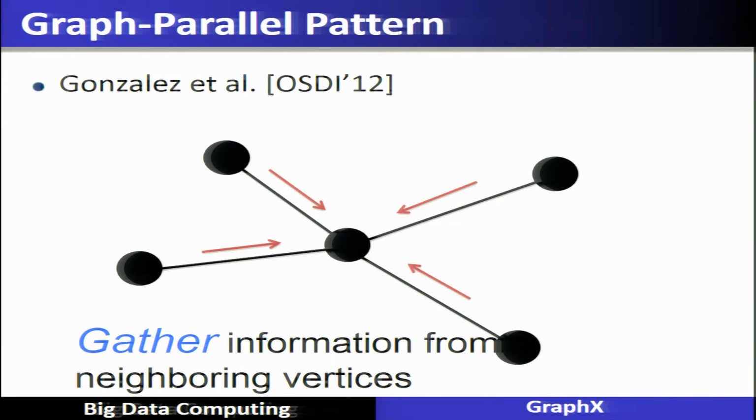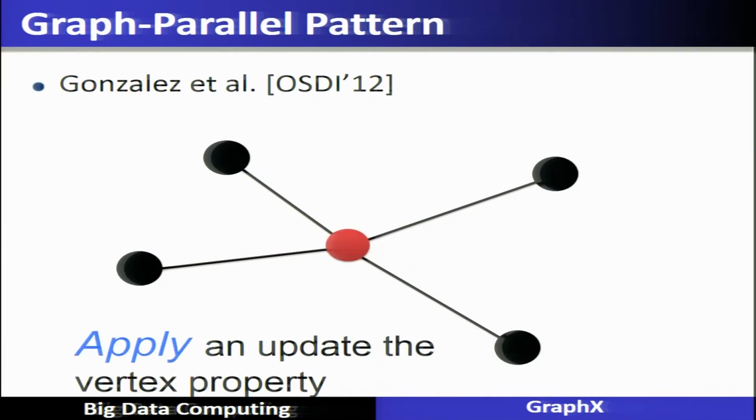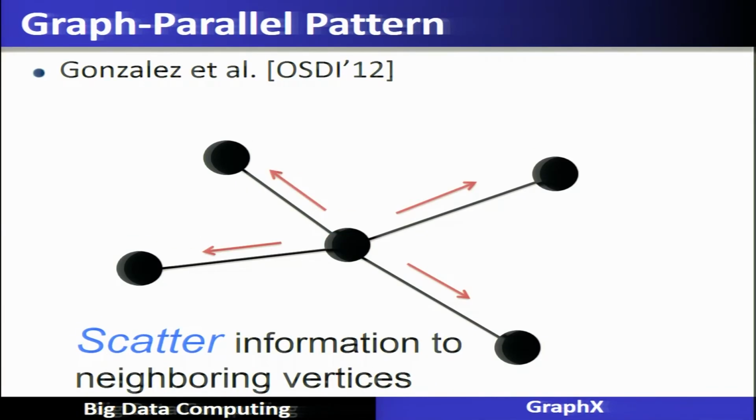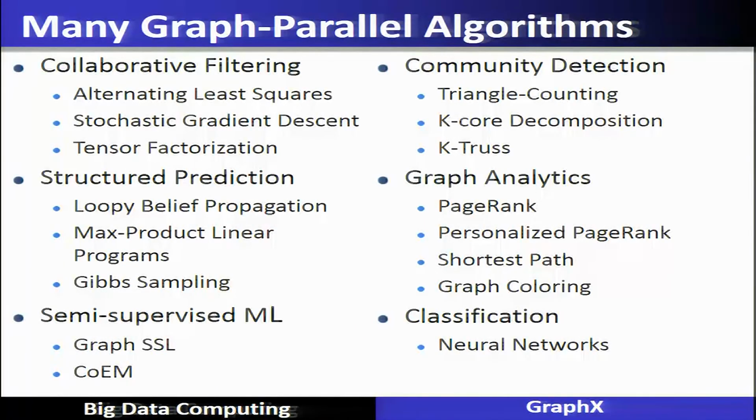So the graph parallel pattern is supported by the gather, apply, and scatter notion. Using this, many graph parallel algorithms are now available with the GraphX libraries. Some of them perform graph analytics, as we have said: the PageRank algorithm, shortest path, graph coloring. All these algorithms use this graph parallel framework.